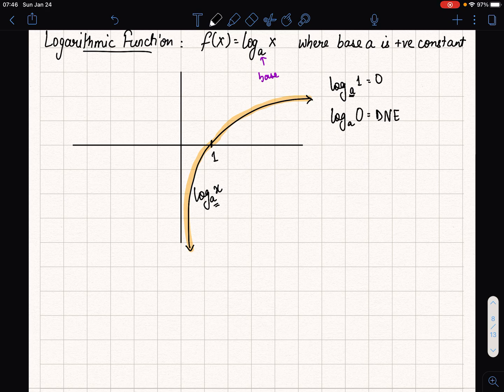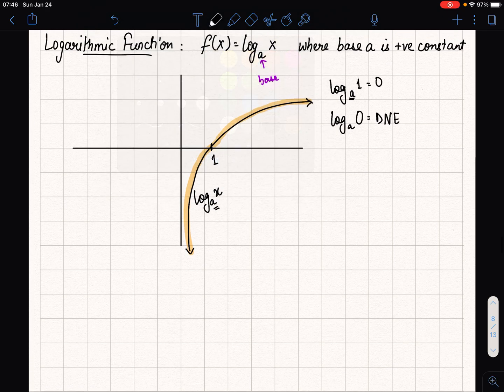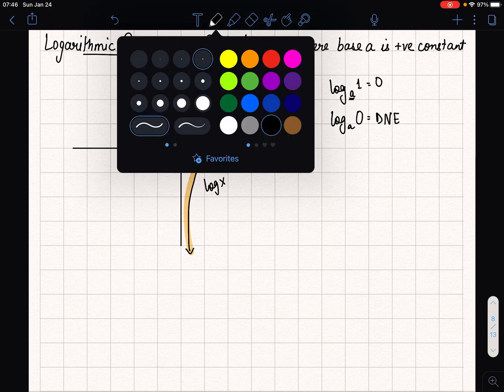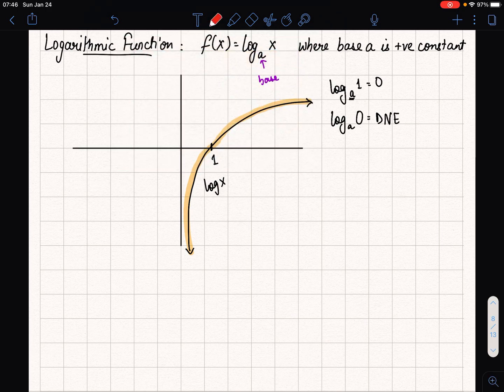Clearly, as you change the base, the speed of the graph changes. For instance, if this current graph is log x, then log to the base 2 of x would look something like this.